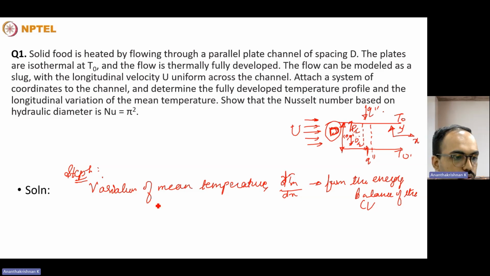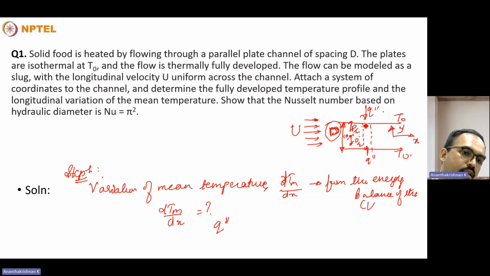So that is equal to dTm divided by dx, which we have to determine. For this control volume, the total heat transfer would be written as q double dash, the heat flux, multiplied by the area which is perpendicular to the heat flux.